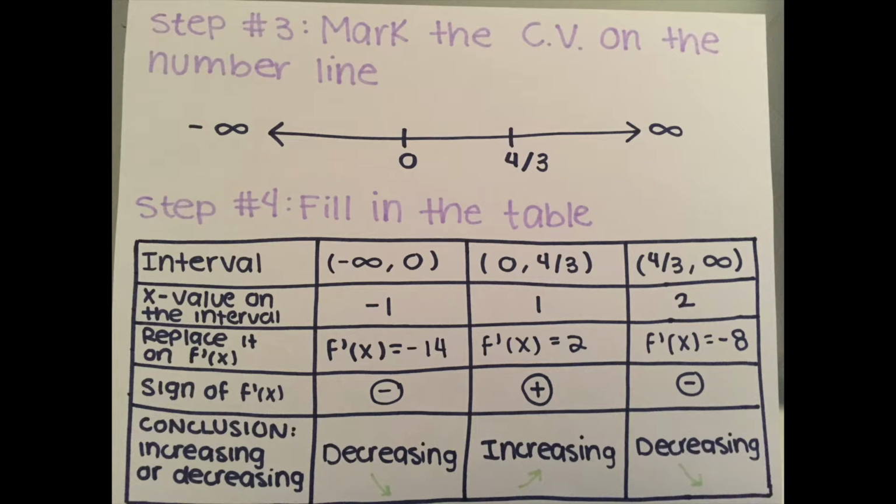And then we just need to know the sign of the results we got previously, which can be negative or positive, and this sign will indicate if the graph is increasing or decreasing. If it's negative, the graph is decreasing, but if it's positive, it is increasing.